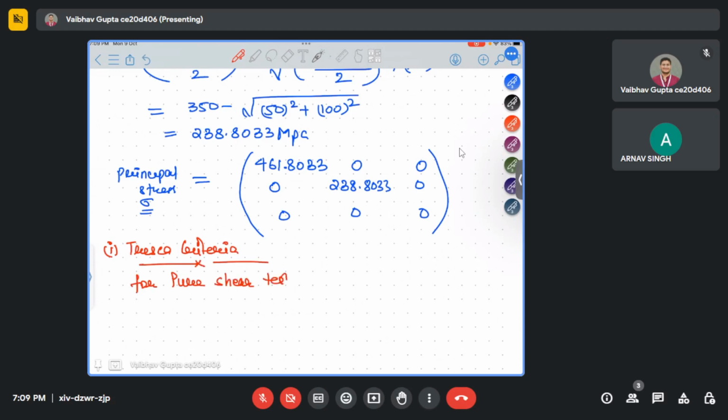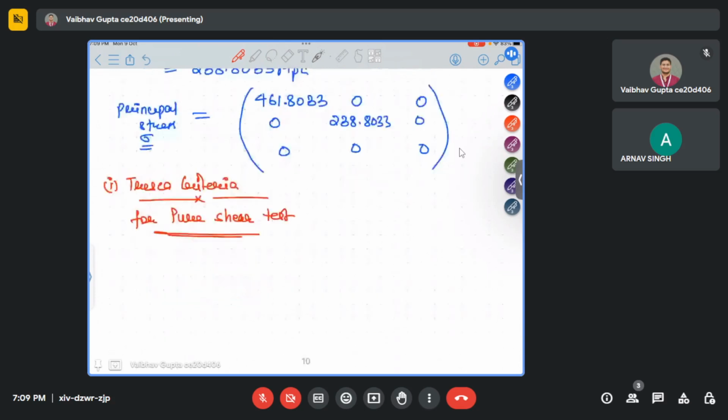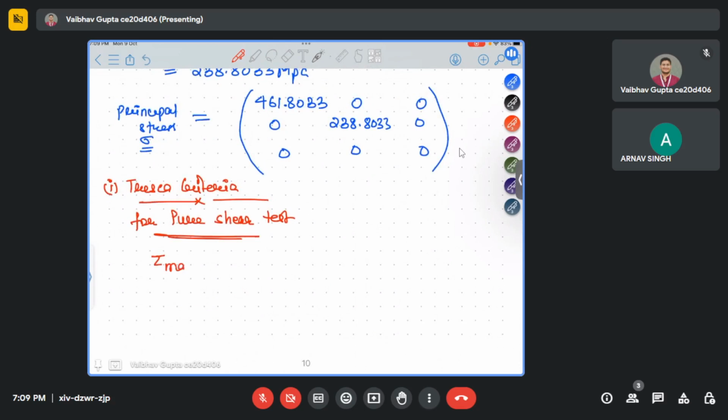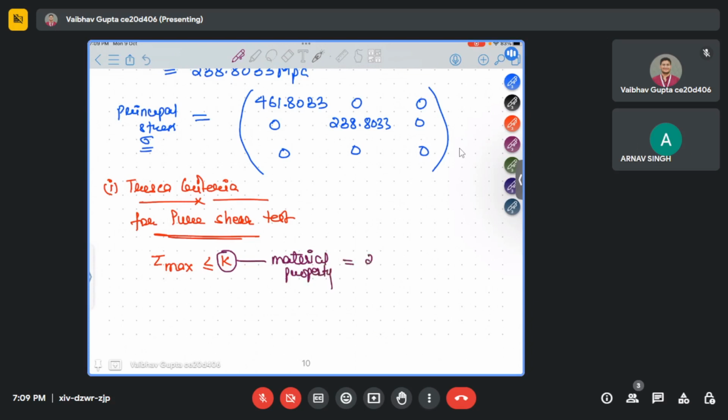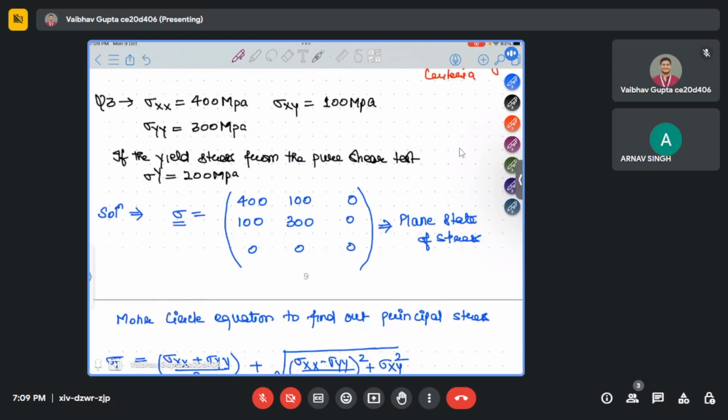The Tresca criteria is tau max should be less than or equal to K, where K is a material property. It is given to us in the question: the yield stress from the pure shear test is 200 MPa.